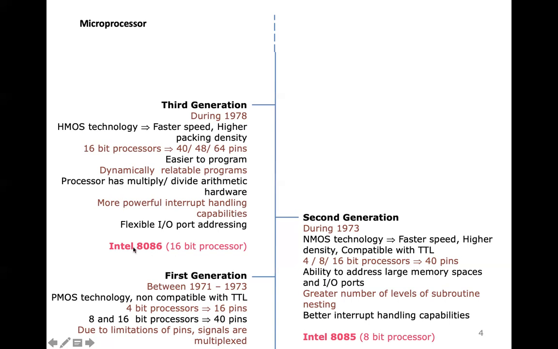Our whole semester's syllabus topics are on the Intel 8086, because this is the standard. If you understand this 8086, then you will gather knowledge of higher processors: how the processor works, how many data buses, how many control buses.